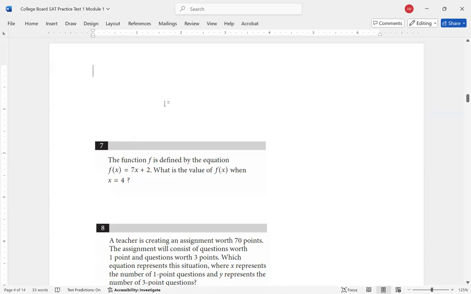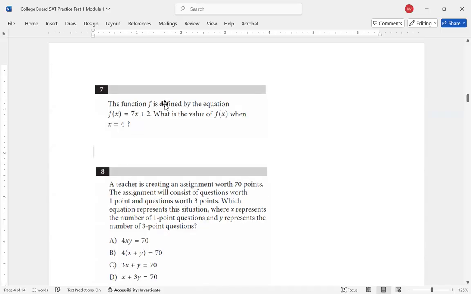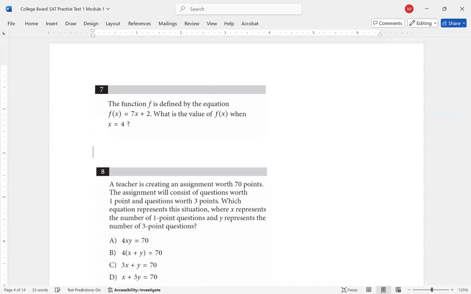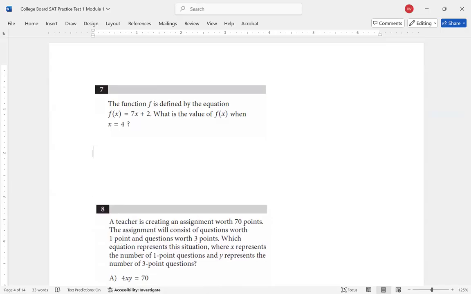Let's look at question 7. It says the function f is defined by the equation f of x is equal to 7x plus 2. What is the value of f of x when x is equal to 4? So this is basically just asking us to plug in 4 into my function f. 7 multiplied times 4 plus 2 is going to be 28 plus 2, which is 30.